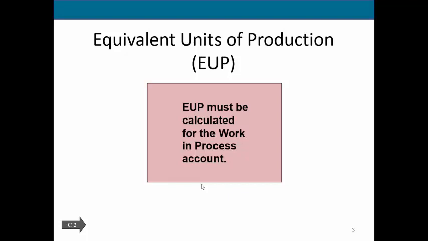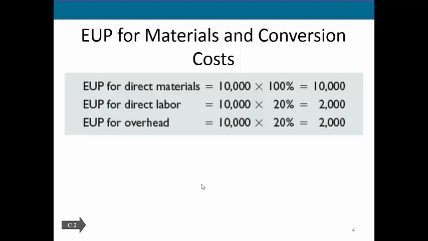So as we're looking into equivalent units of production, we're going to use our equivalent units to help us calculate the value of where things are in our work in process. And I want to note, for our various product costs, equivalent units work differently. Our product costs are direct materials, direct labor, and overhead. If you'll remember, direct materials are simply the materials that we put into our process.